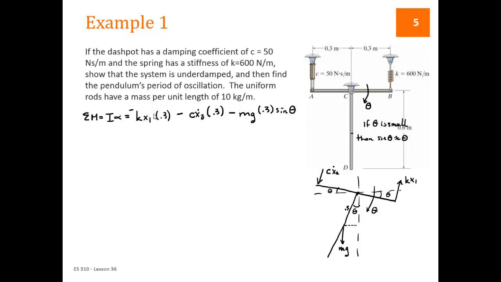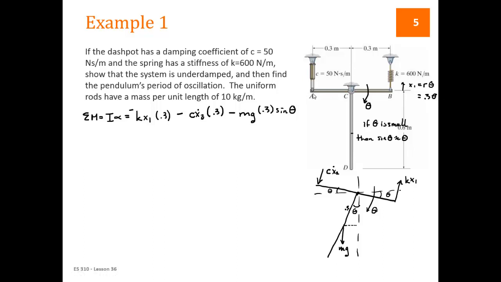Now, if we look at x1, x1 is the distance that this spring is stretched. All right, and so x1 is going to equal r theta, right, an arc length. So x1 is then 0.3 times theta.